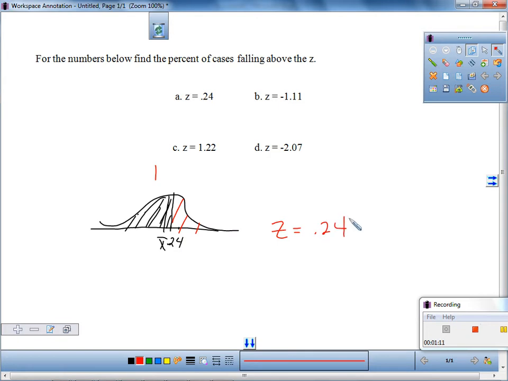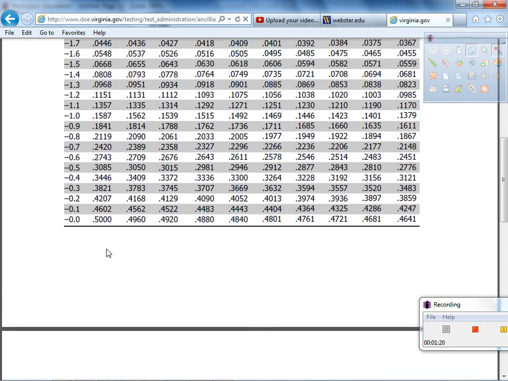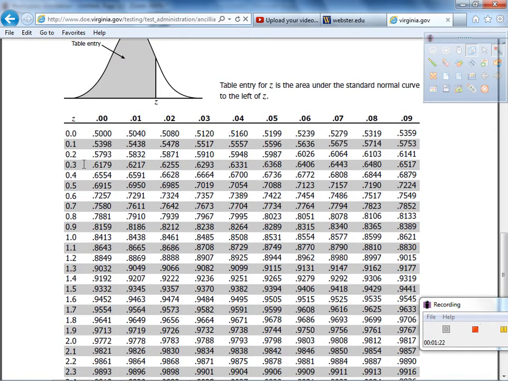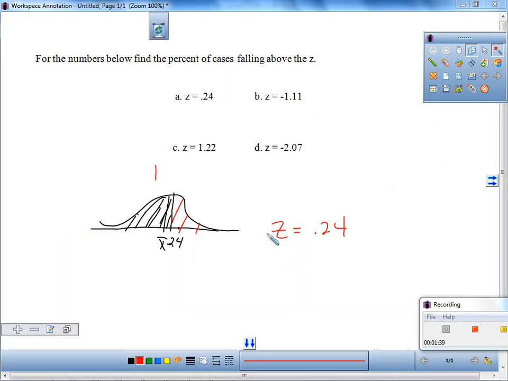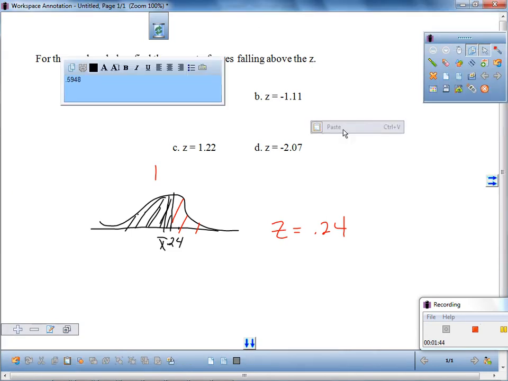Let's go look at our z chart for 0.24 and see what area it has listed. We go down to 0.24, and we end up with 59.48 for the tabled value. Now what we're going to do is subtract that value from 1.